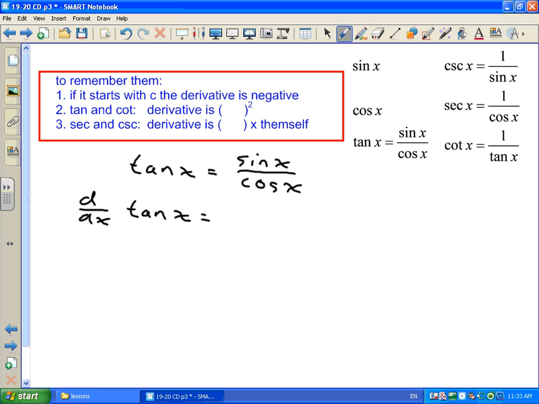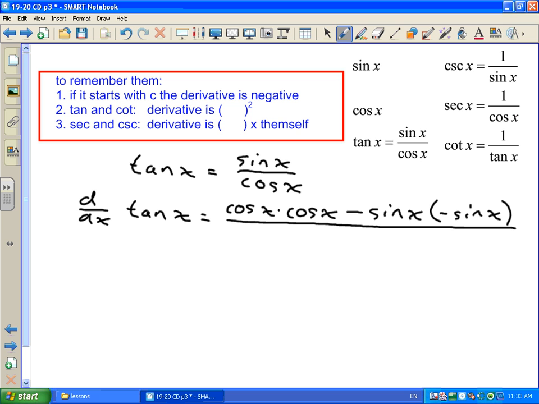So if I apply the quotient law here, I need the derivative of sine on the top, so that's going to be cos, times the bottom, which is another cos, minus what I have on top, which is sine, times the derivative of what's on the bottom. The derivative of cos x is negative sine x. And all of this is divided by cos squared x, the bottom squared.